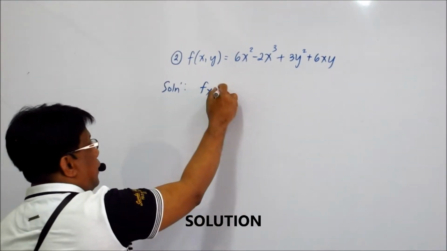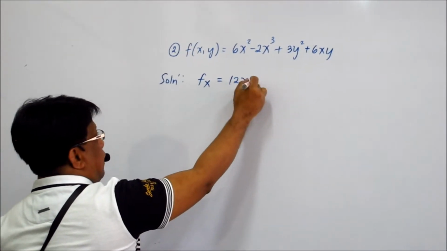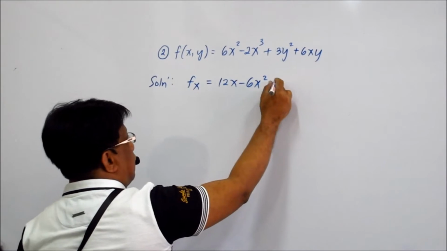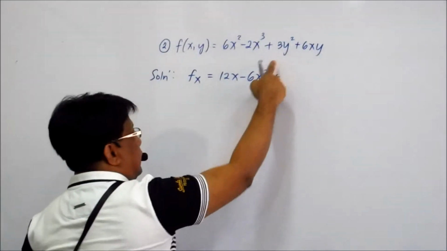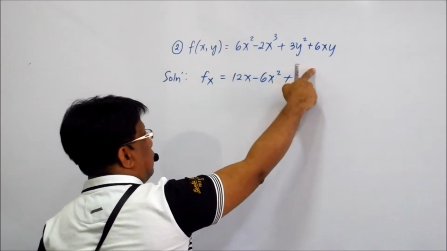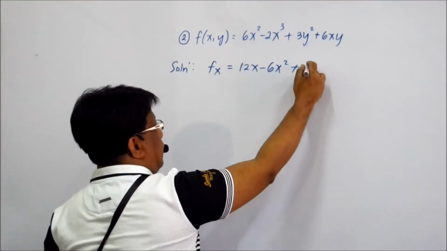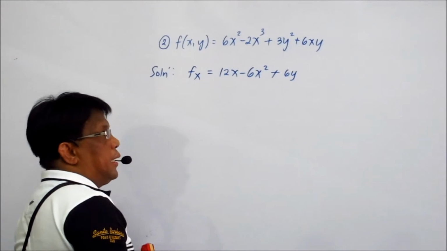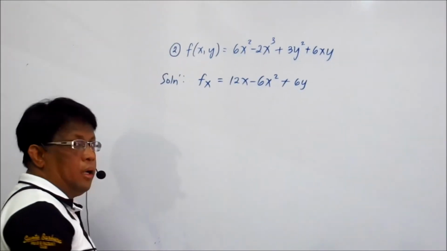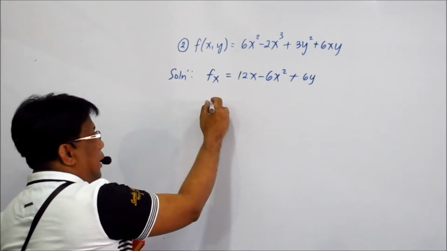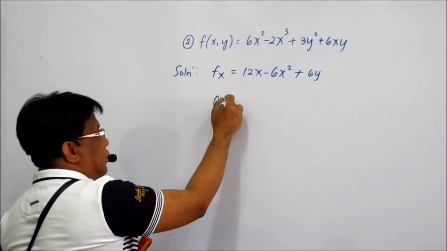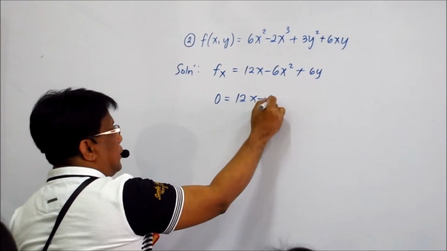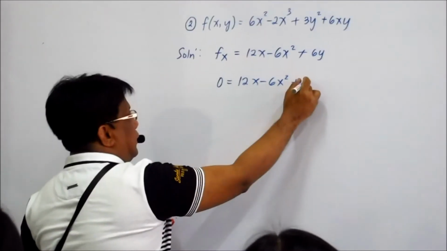So we have it as 12x minus 6x squared. 3y squared, since y is constant, so this is 0. Then 6xy will have the constant term 6y, then the derivative of x is equal to 1. Then set now f sub x equals 0. So this goes 0 equals 12x minus 6x squared plus 6y.